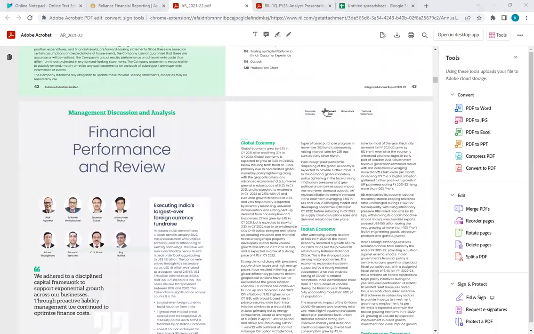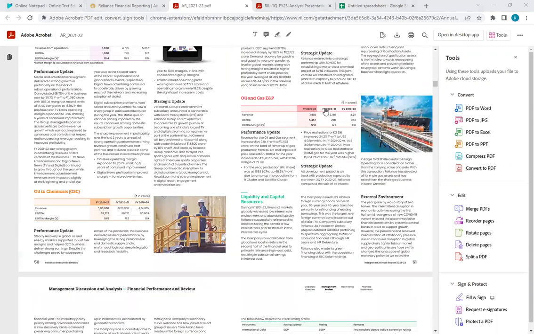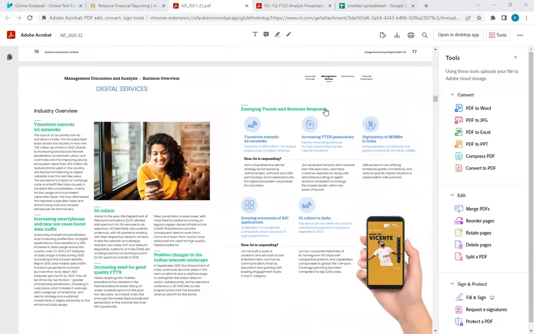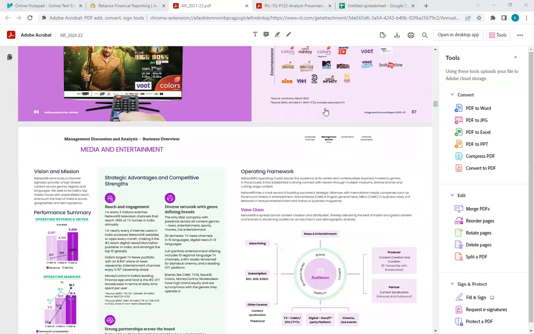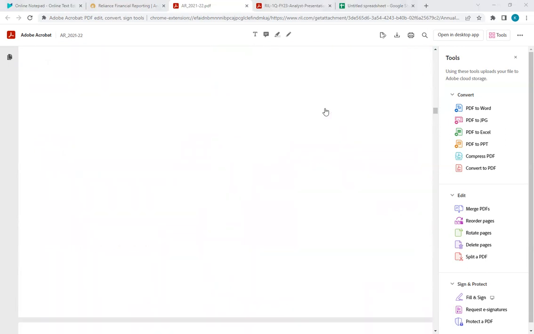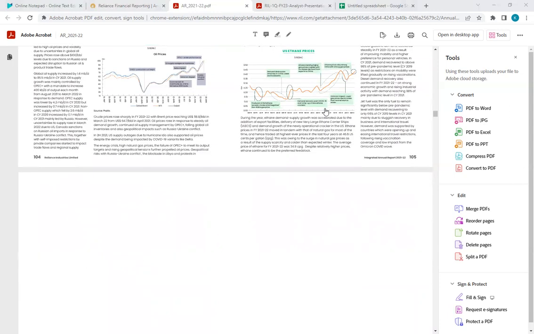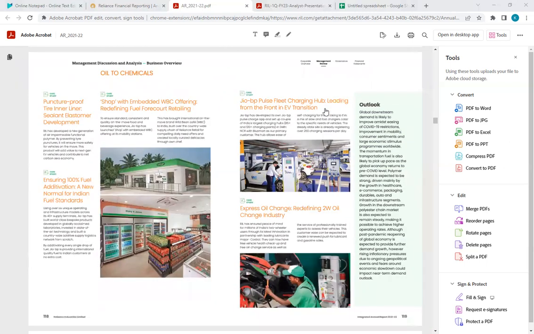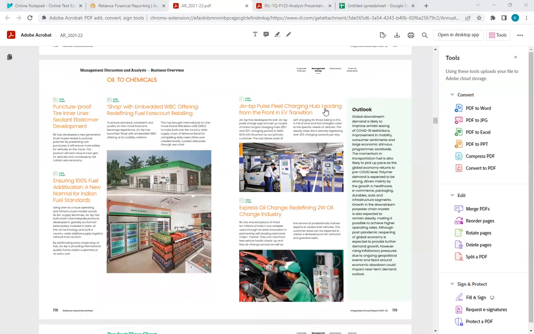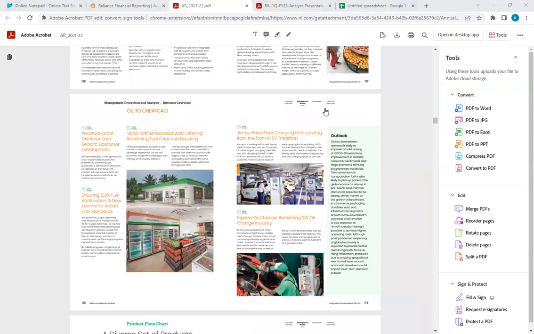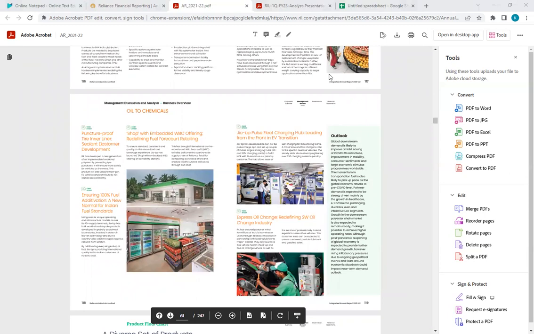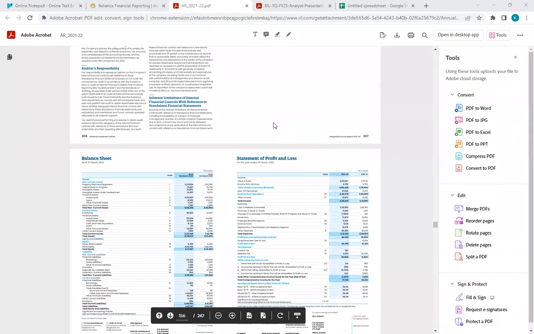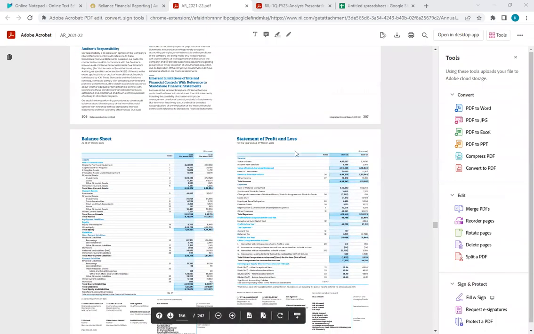Okay, this is financial highlights. Okay, so now here I found the balance sheet.